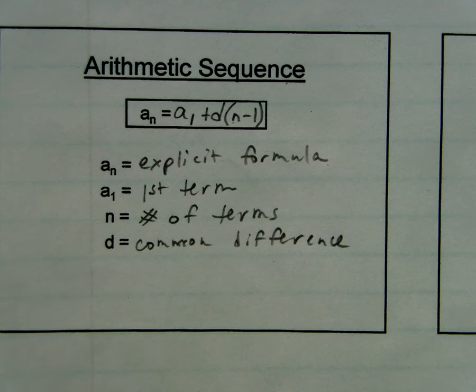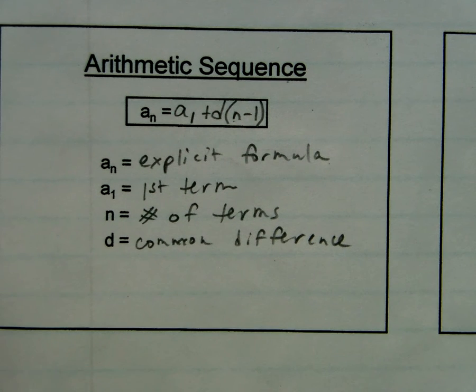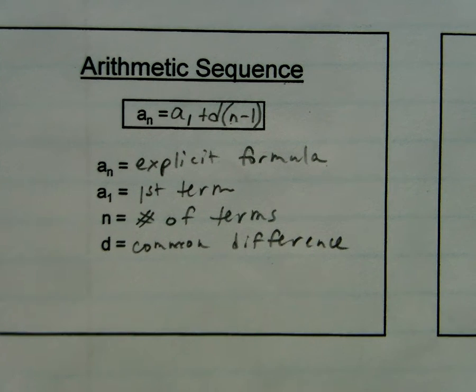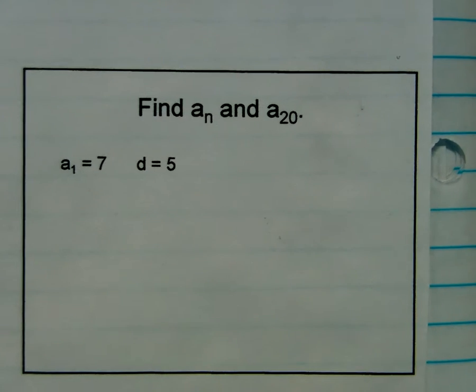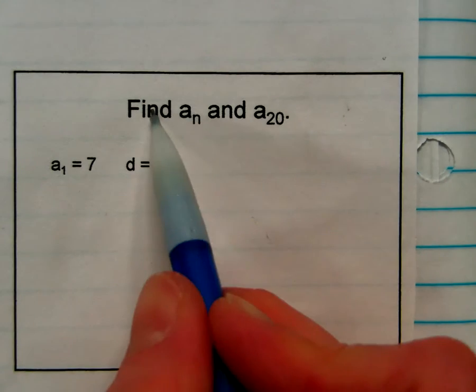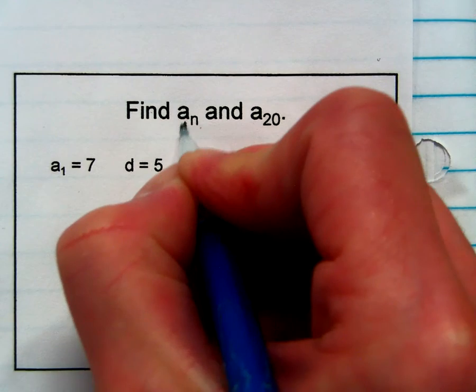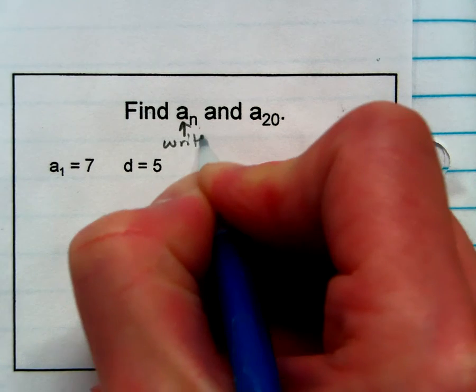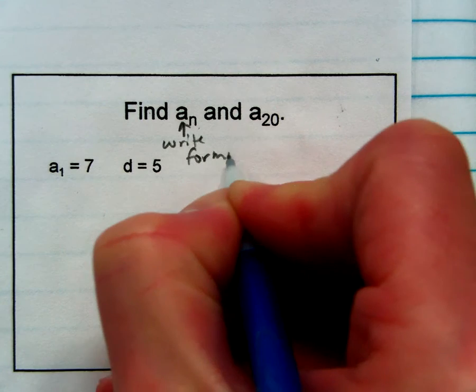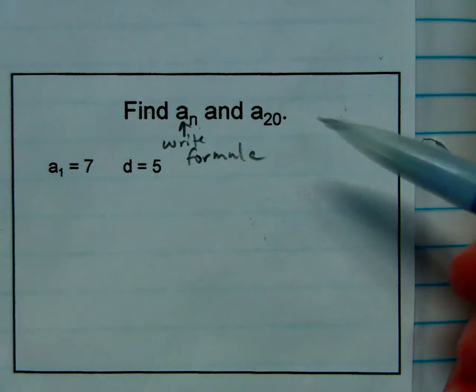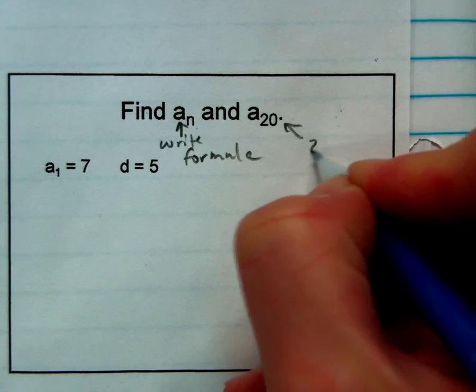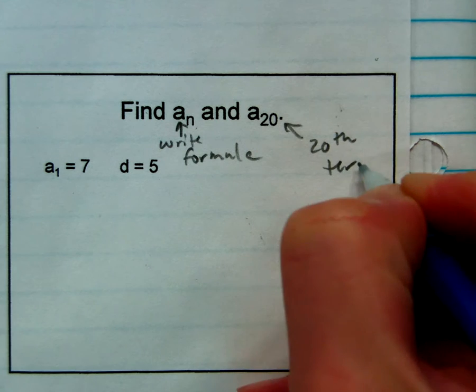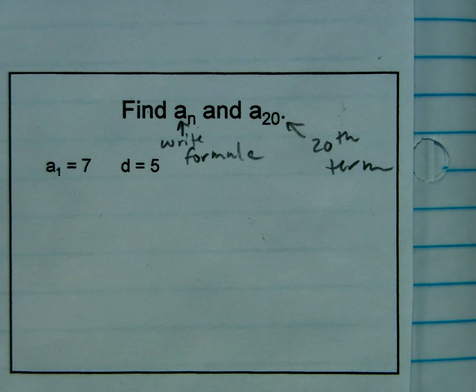Okay, they're going to give us some examples, and it's going to jump around and give you different kinds of information. In our direction, it says find A_n, which just means that you're going to write the formula. And then it says A_20, which means we're going to find the 20th term. And once you get the formula, you can find whatever terms you want.